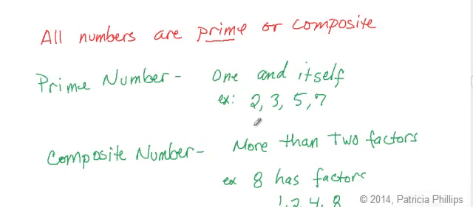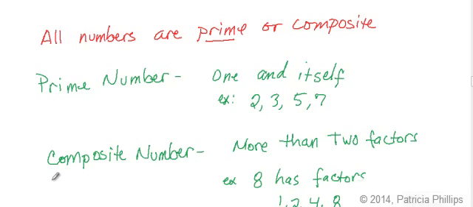For example, the numbers 2, 3, 5, and 7 are all prime numbers. You can multiply 1 times 2, and that's about it. For number 3, you can multiply 1 times 3, and that's it. It doesn't break down into any other whole numbers other than 1 and itself.